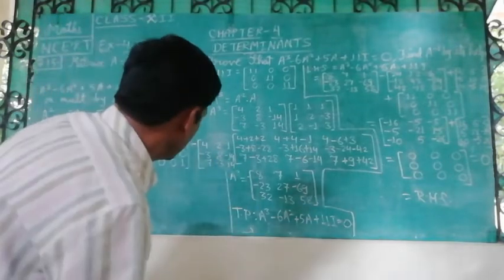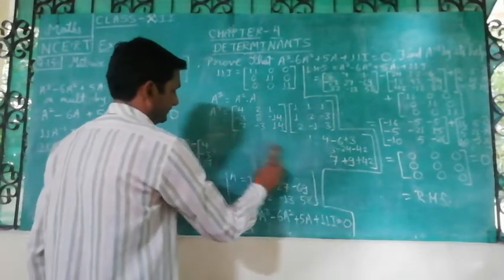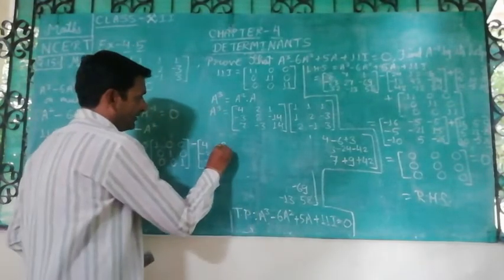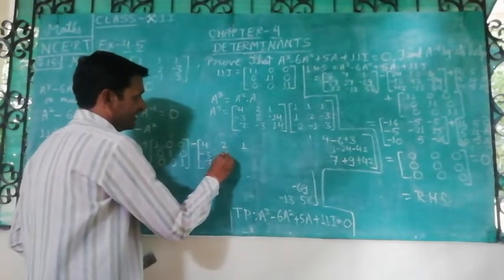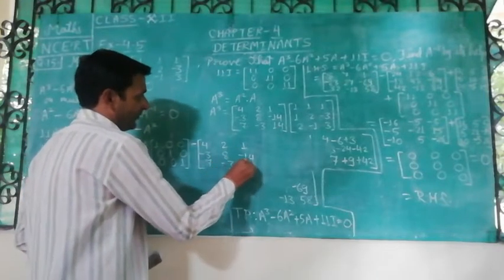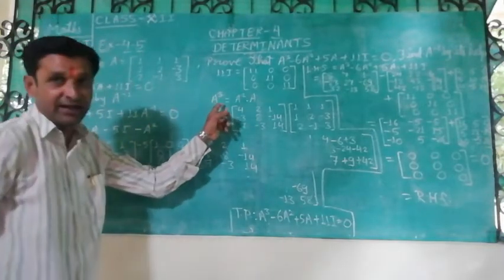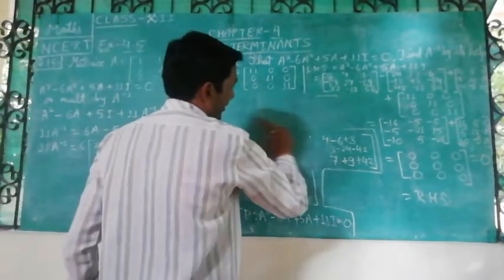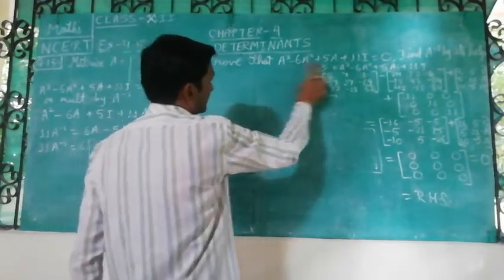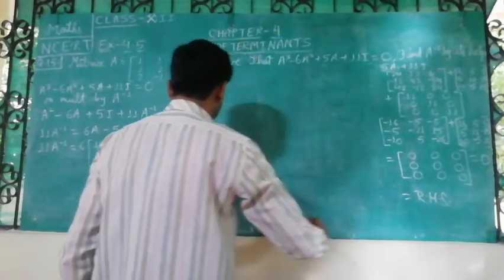So we can rub this now. What is needed? 4, 2, 1, minus 3, 8, 4, minus 14, and then 7, minus 3, 14. This is the value of A square, which we have written here for determining A cube. Now there is no need of this part. Now we can solve it further.